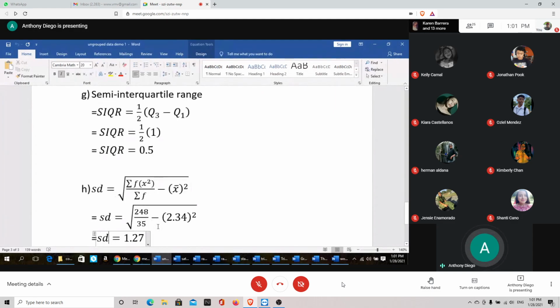And then to find the standard deviation, we have the formula, which is the summation of f of x squared, which we have found in the table. We have the summation of f, and we have the mean. Remember, we have calculated the summation of f of x squared, which was 248. But in this case, I think we change the value, right?